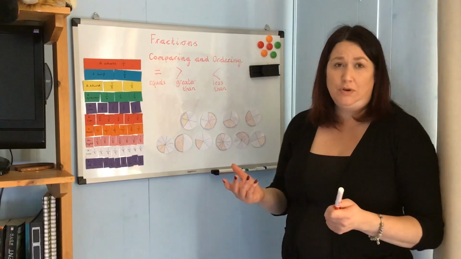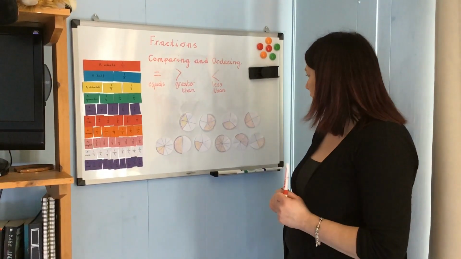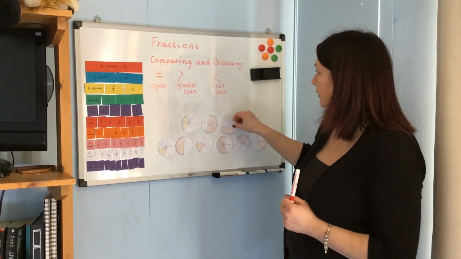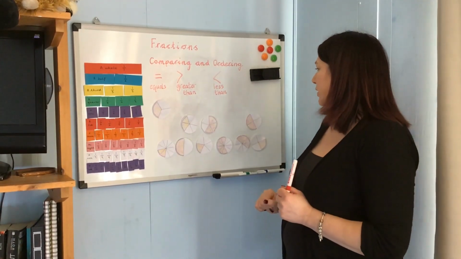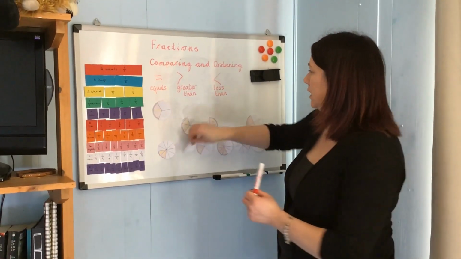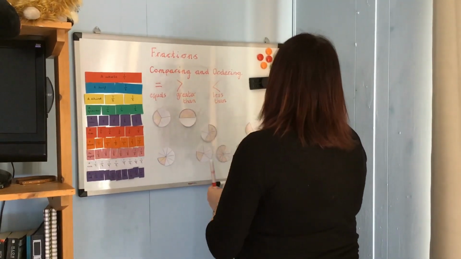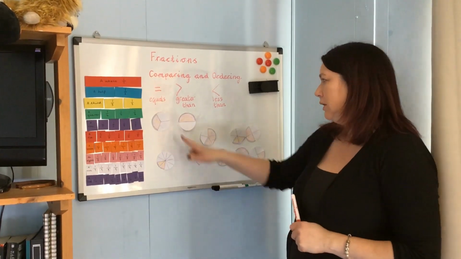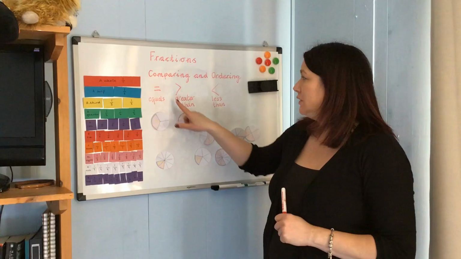So all I want you to do is pick 2 fractions, any 2 pizzas at all. So what I'm going to do is I'm going to pick this one here, and I am going to pick this one here. So I'll just move that one very slightly. So here I can see the 2 pizzas that I have chosen. I can see that they're clearly different, so I can't use the equal sign.